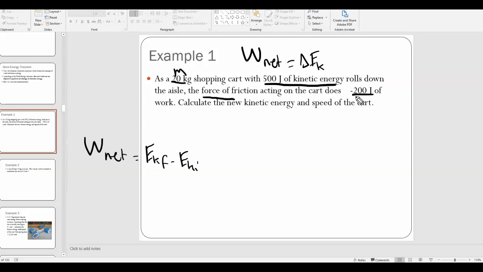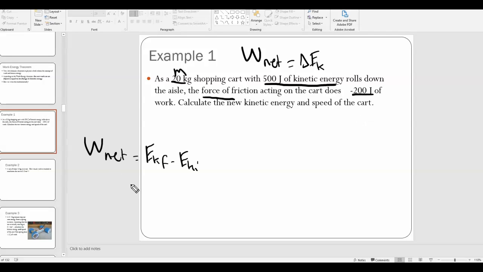Now, if you imagine the forces acting on the cart, we've got gravity and the normal force, and neither of those two forces do any work because they're both perpendicular to the direction of motion. So there's three forces acting on the shopping cart as it slides, but the only one doing any work is friction. Friction does negative 200 joules of work.